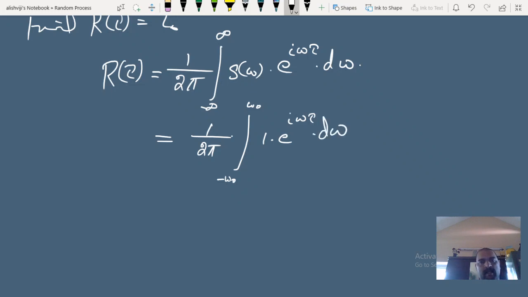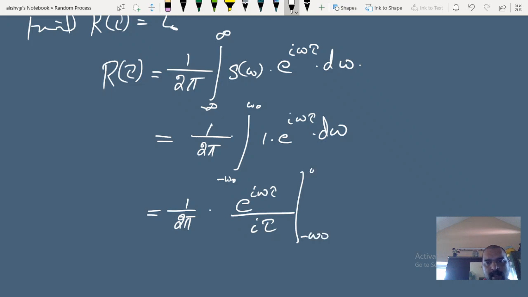Outside the interval minus omega naught to plus omega naught, the value of S omega is 0. So we need only integrate in between minus omega naught and plus omega naught. And this is equal to 1 by 2 pi into integral of e raised I omega tau with respect to omega, which is e raised I omega tau divided by I tau, in between minus omega naught and plus omega naught.